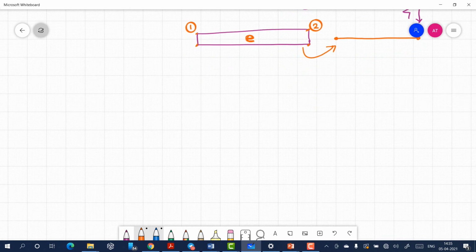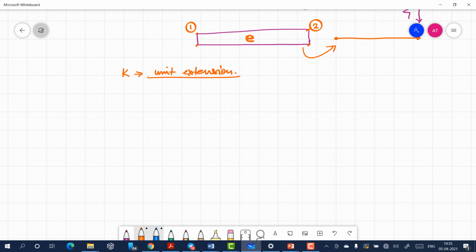Now, how do we define stiffness? We define stiffness as the resistance offered in order to have a unit extension. If a unit extension happens, then we get this stiffness value correctly.